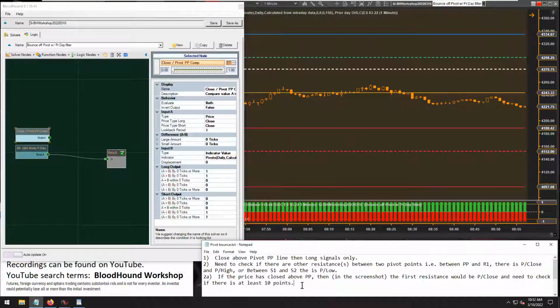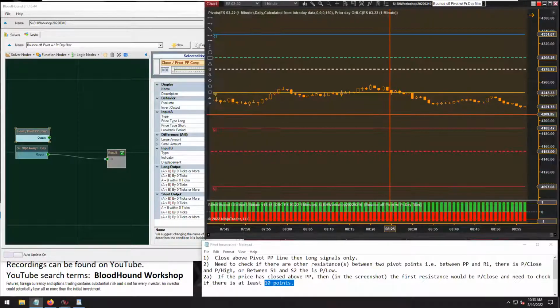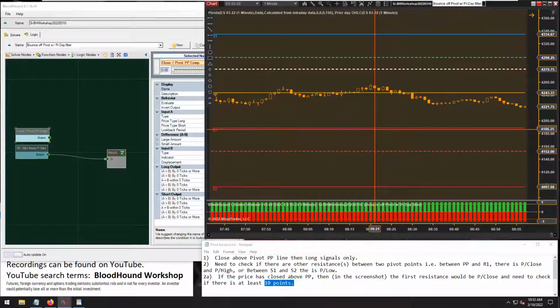And let's see, I think I'm missing one here, so I'm just checking the rules again. Oh, right. We made sure that there's 10 points to the prior day, but we also need to check the pivot indicator, right? Because you might end up with a day where the pivot indicator itself is really compressed, after a consolidation day in the markets.